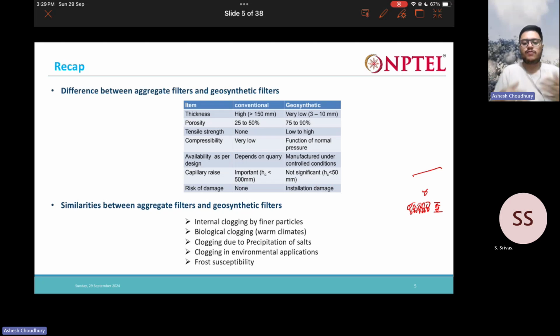This is mainly valid for very cold countries where we are designing. Whatever filter you are using, you should be very careful, because of this frosting and freezing, you can damage the filter.